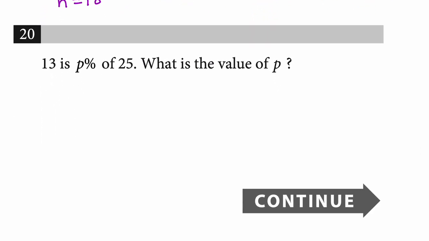Okay, that's fine. So 13 is p% of 25. If you go back to question number 16, I discussed some vocabulary which is really helpful in converting an English statement into a maths expression or equation. From here I am discussing it for this particular question.